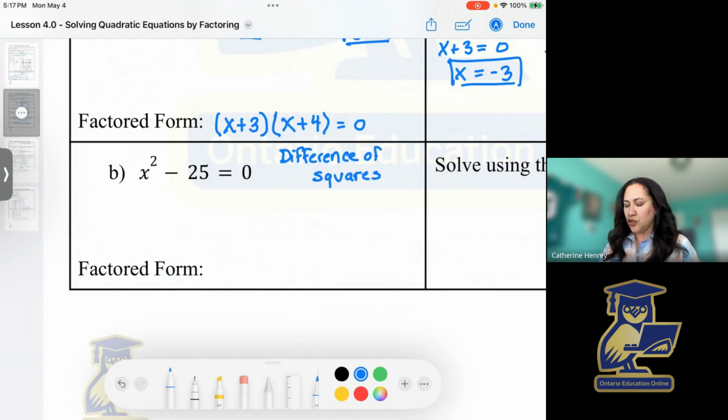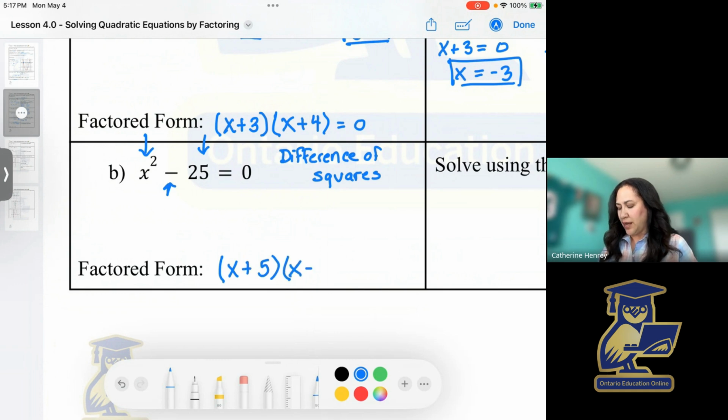So the first term is a perfect square, the last term is a perfect square, and they're separated by a negative sign. So when we write this in factored form, we'll have the square root of x squared, which is x, the square root of 25, which is 5, and we'll have one positive factor and one negative factor.